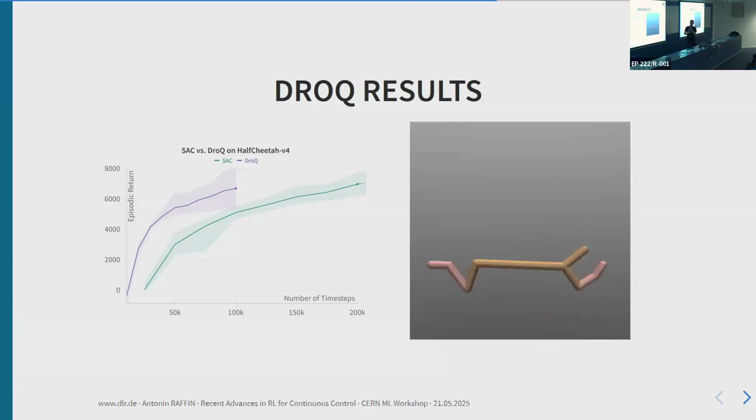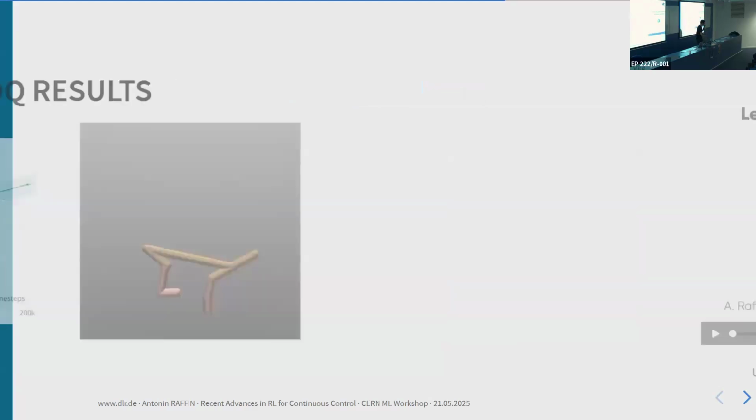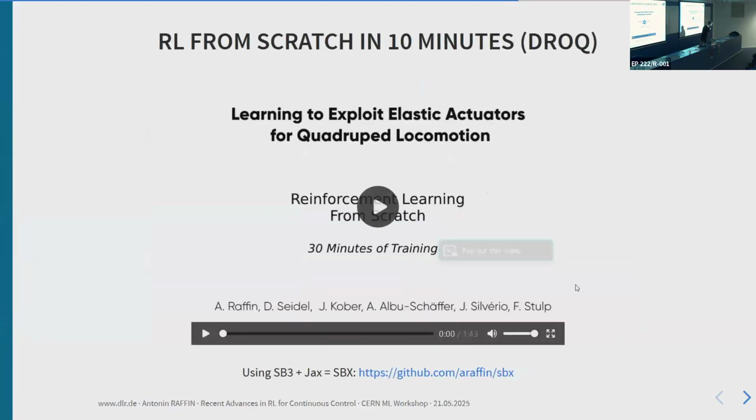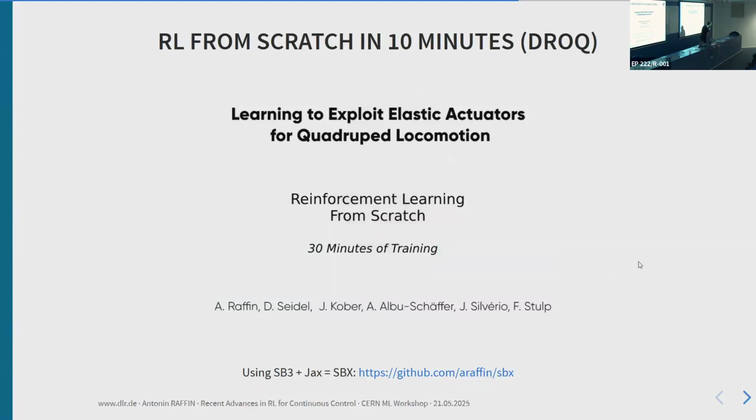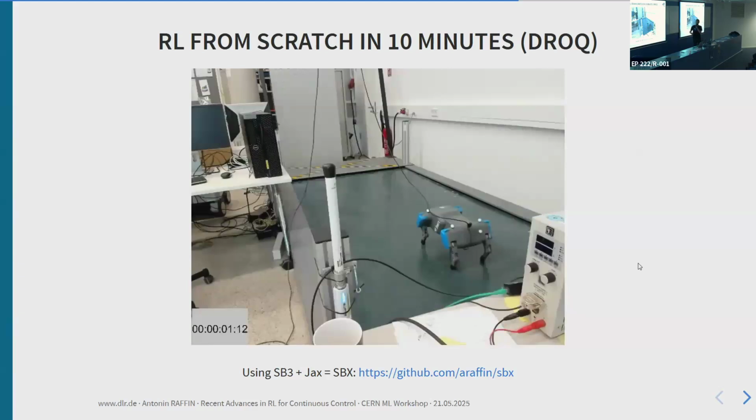So you really gain in terms of interaction with the environment at the cost of more training time. But as a roboticist, it's also very interesting because now it enables learning directly on the real robot. And this is what I did 2 years ago, where I'm trying to learn directly on the real robot from scratch. And only in 10 minutes, it will manage to learn to move forward.